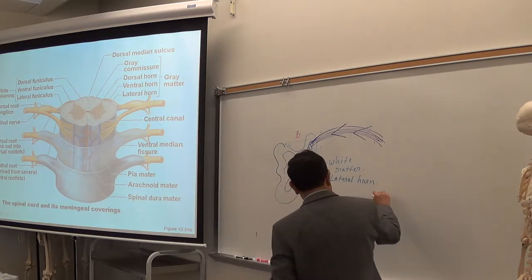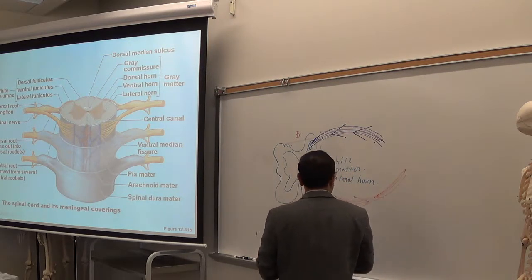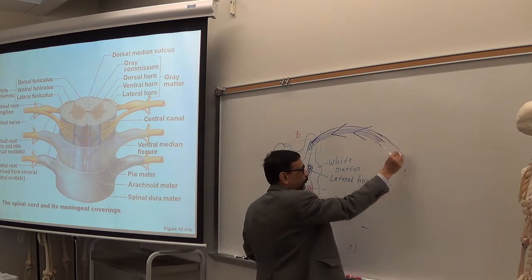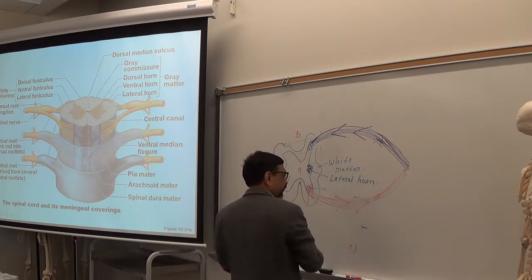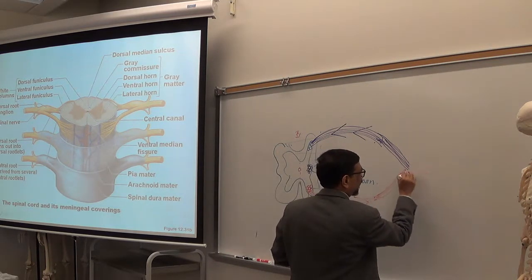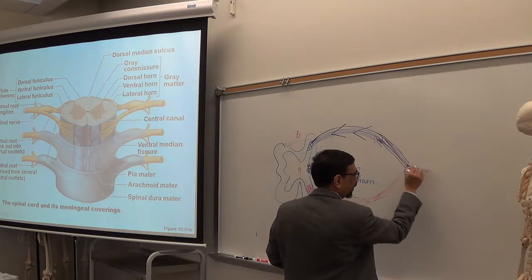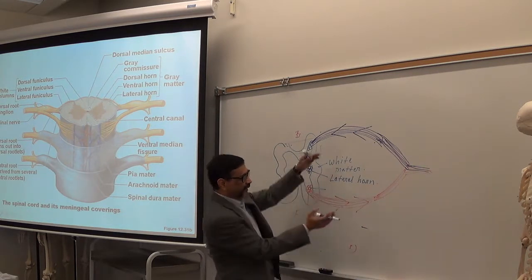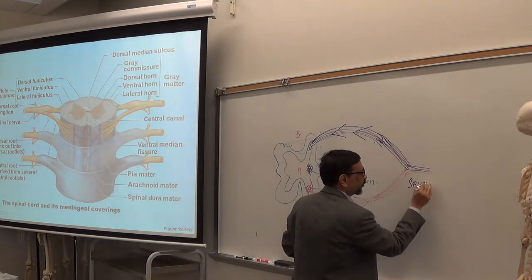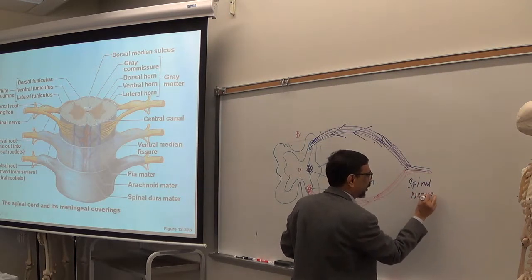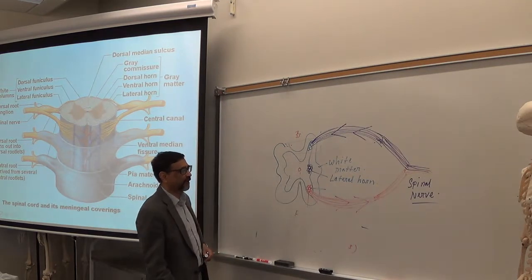Now you see what happens. This is interesting. These two types of fibers or axons join together, unite and form a nerve, and that is the spinal nerve. So this is how the spinal nerve is formed, by the union of two types of fibers. 31 pairs are formed from the spinal cord.